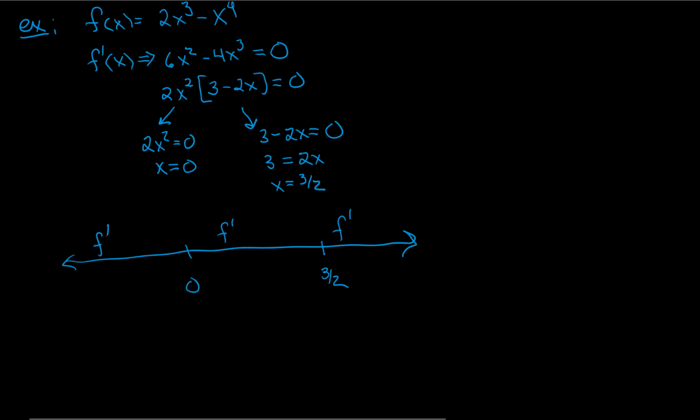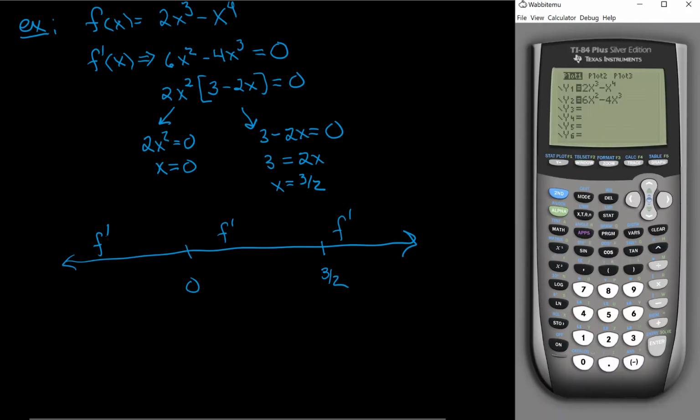Setting up my calculator is just as simple as going to y equals, and in y1 I just put the 2x cubed minus x to the fourth, and in the second one, y2, do the 6x squared minus 4x cubed. Then what I'm going to do is, just like earlier, I'll go to the table, and this time I'm going to get rid of these values, and I'm going to use my new values that I'm interested in.